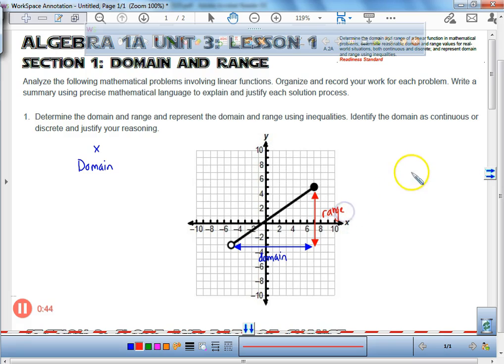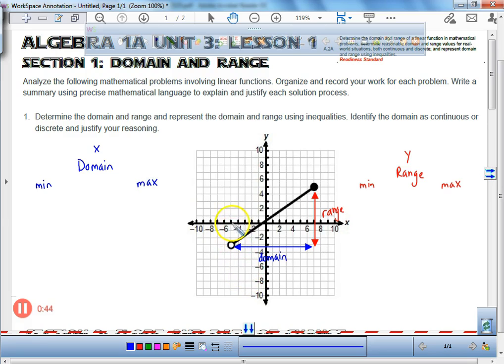That's the range of the graph. So I'm going to write the word range. And the range deals with your y values from bottom to top. So what I want you to do is put the minimum, like how low does it go and how high does it go, and then how far to the left does it go and how far to the right does it go.